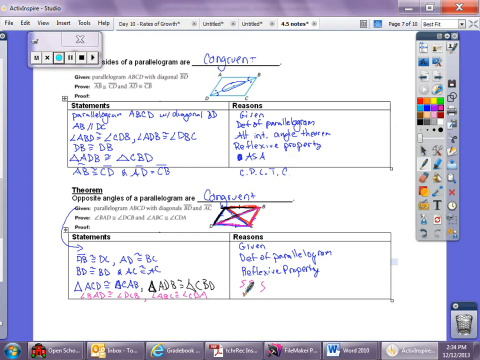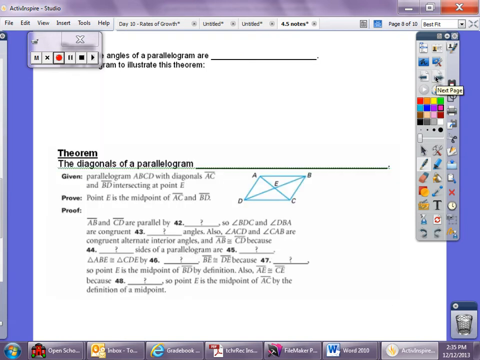The reason, CPCTC, corresponding parts of the congruent triangles are congruent. So all those angles are congruent to each other. Since we showed that those two triangles are congruent, well, technically all four of those triangles are congruent, so the angles are also congruent.